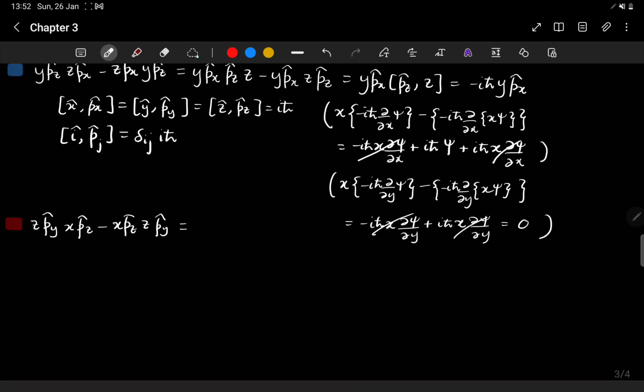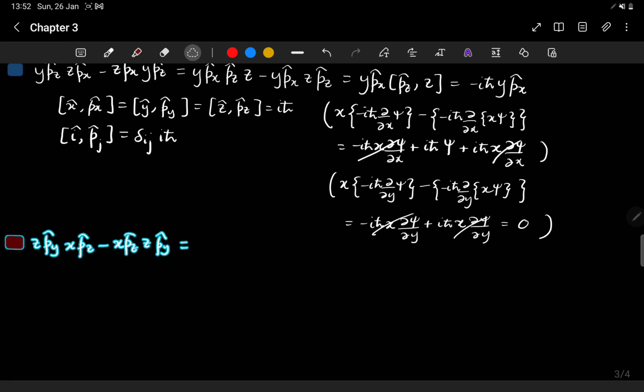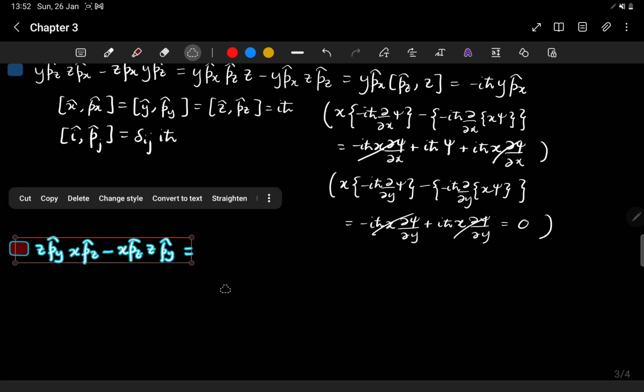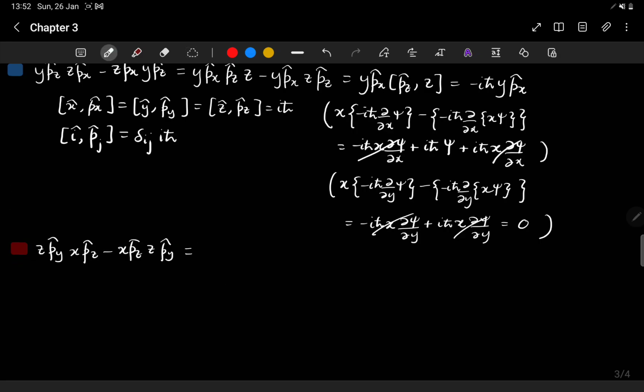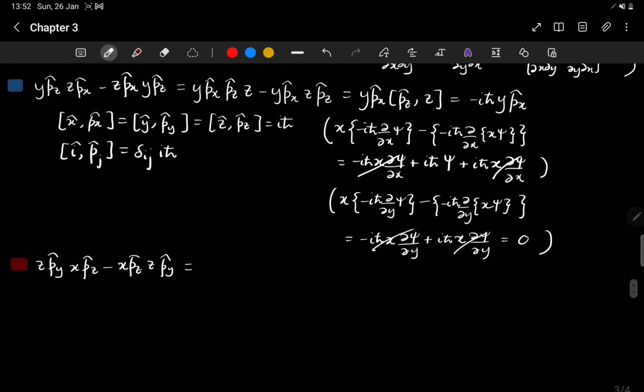This is equal to, let me just bring this down. I think I need some more space. Again, py does not act on x, or rather py x and x py are the same, we saw from the above result. So x can come out.